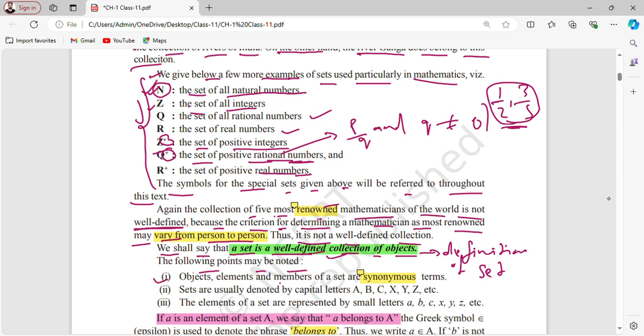The following points may be noted. Objects, elements and members of a set are synonymous terms. What do you mean by synonymous? Synonymous means the same thing. So suppose we have a set of vowels.